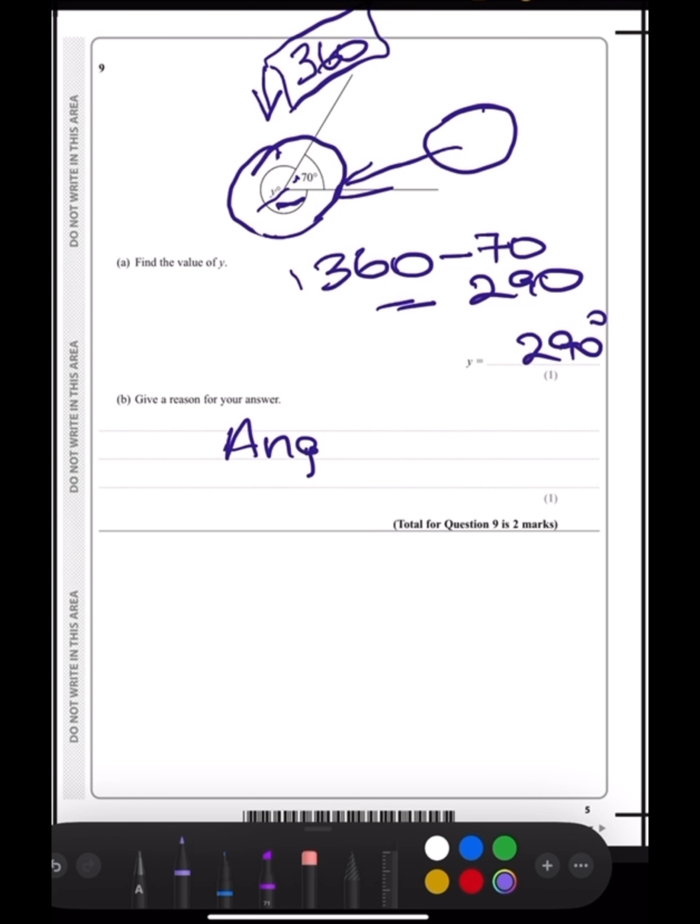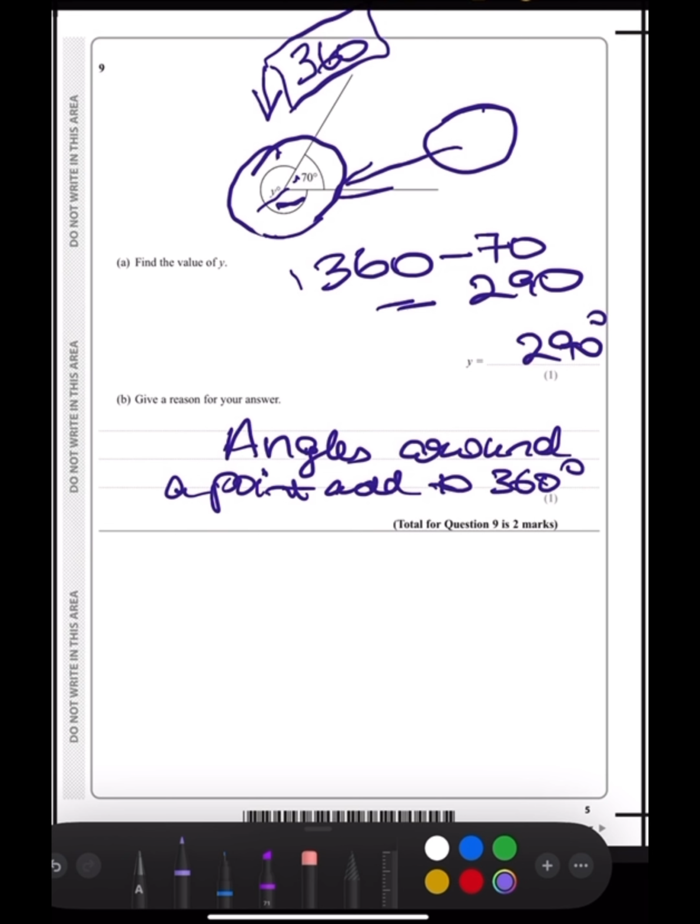Because this is something we have acknowledged. This is what made them realize that we had to do 360 minus 70. So we basically write angles around a point add to 360 degrees. Perfect. That's a mark. You gain 2 whole marks for question 9. Perfect.